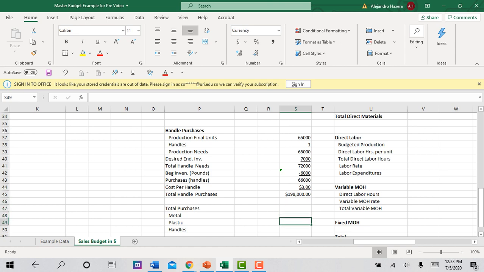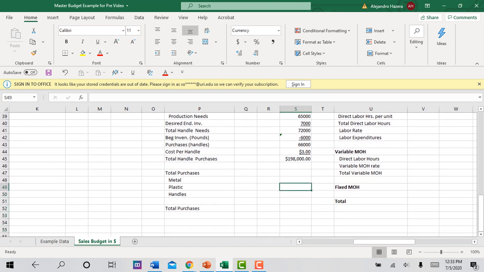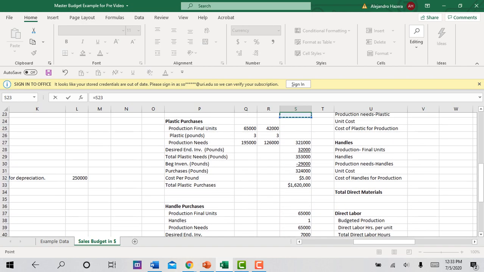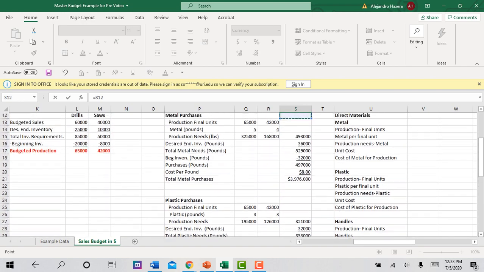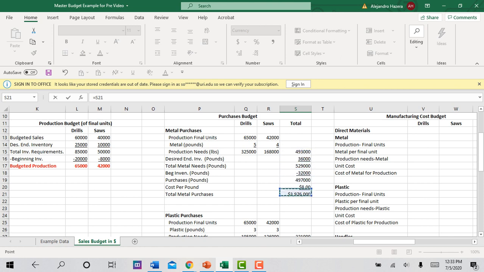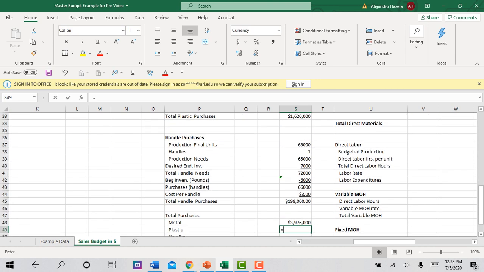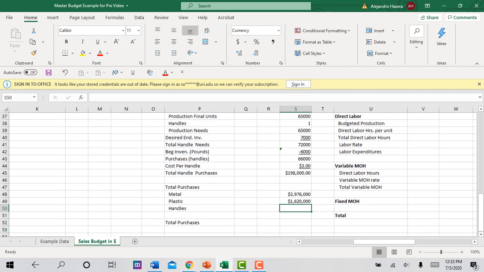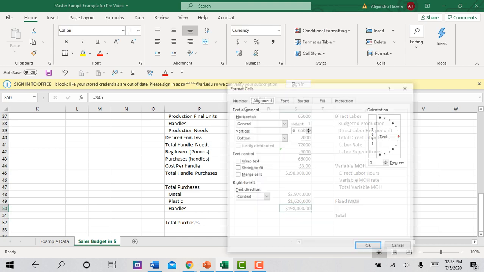Okay, so our total purchases are going to be the subtotal of each one. It's going to be kind of like a statement of cash flow. So we're going to have to purchase, based on our calculations, close to $4 million worth of metal. We're going to have to purchase total plastic of $1,620,000. We're going to have to purchase handles of $198,000. I'm going to go ahead and format and take those zeros out of there. That's a little confusing.